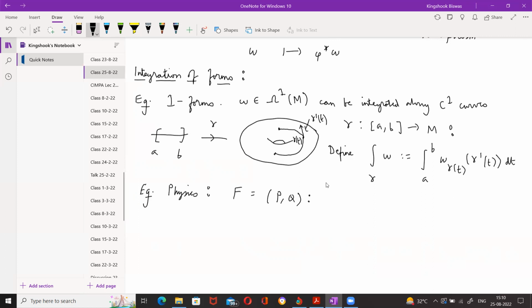Okay, so a simple example. So this is a vector field, and you think of F as force. This is a force field. So it could be gravitational force or electromagnetic force. All right. And so I have this force field now in R2.